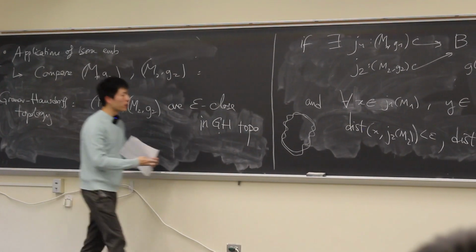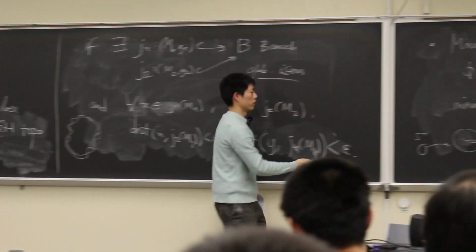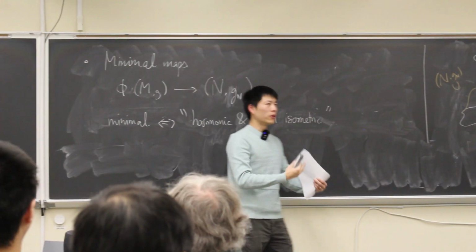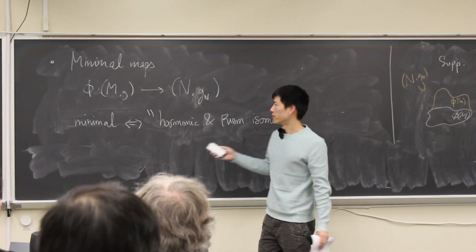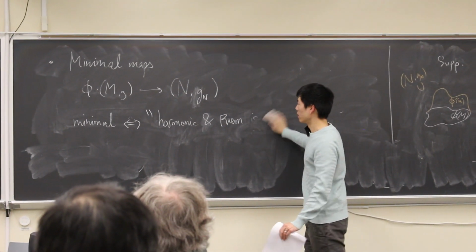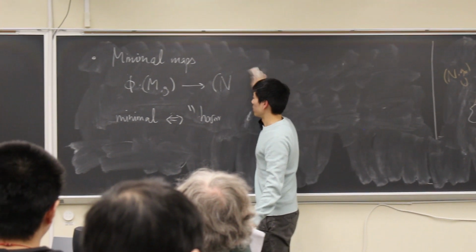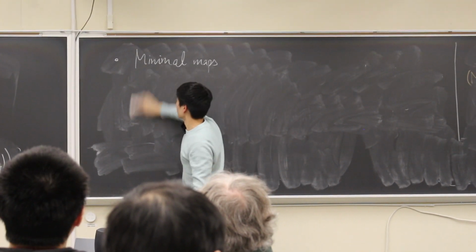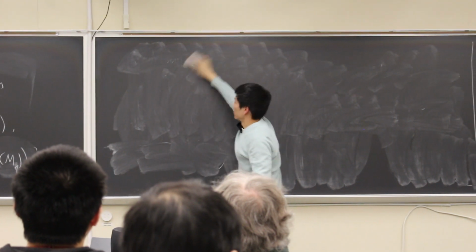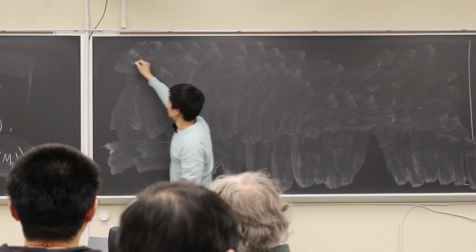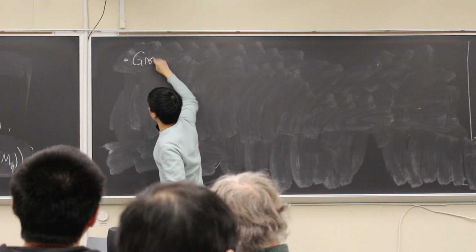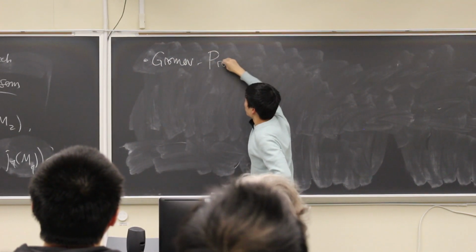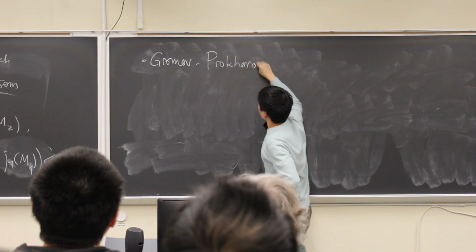Let me quickly mention another way. This is a principle that seems simple, but it came rather recently. It's basically due to Gromov, so it's not that ancient. This is not the only natural way to compare two manifolds.